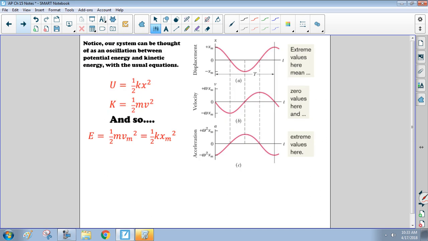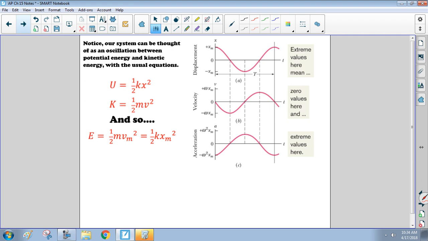All right. Now, this is kind of the last thing we need to talk about. The system can be thought of as an oscillation between potential energy and kinetic energy. Over here, this one that I took down, is actually fairly complicated because we've got two types of potential energy to deal with. At the top, all of your energy is gravitational. At the bottom, all of your energy is elastic.